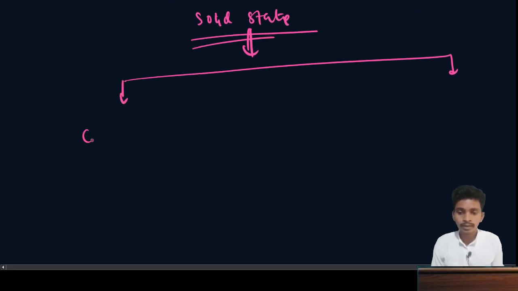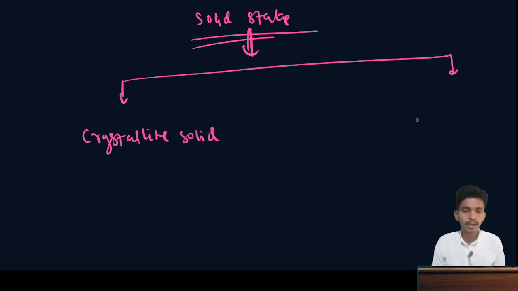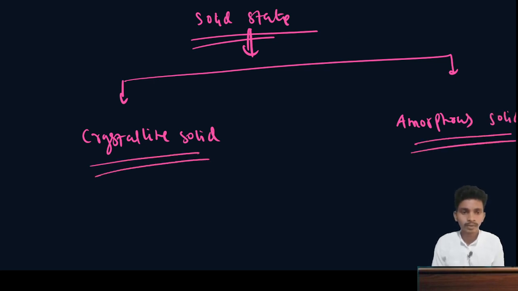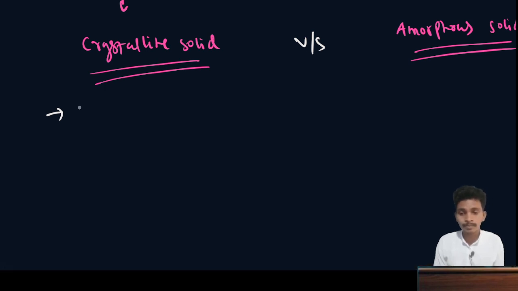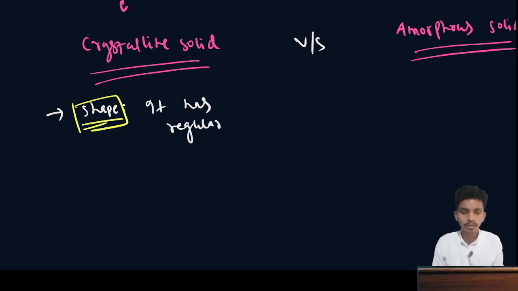One is crystalline solids, another is amorphous solids. In the crystalline solids, it has a regular shape. So I will first distinguish on the basis of shape: crystalline solids have regular shape, and amorphous solids have irregular shape.